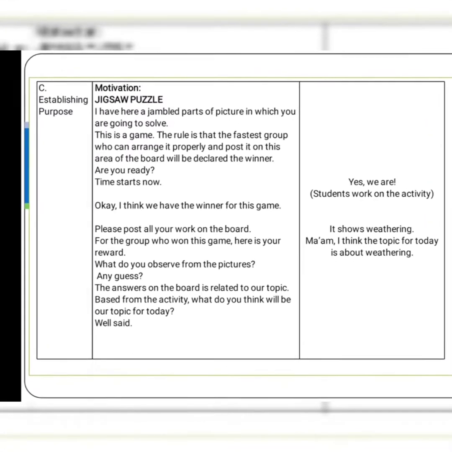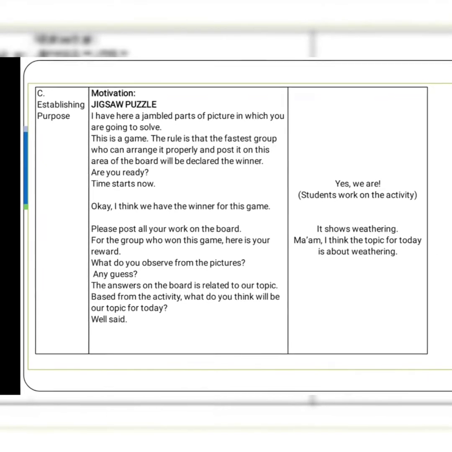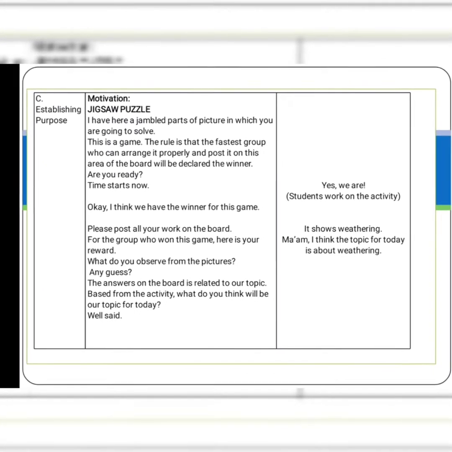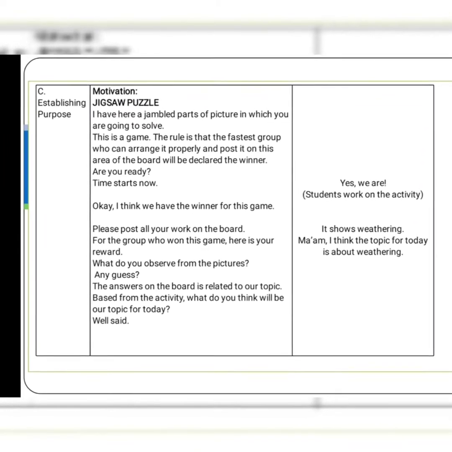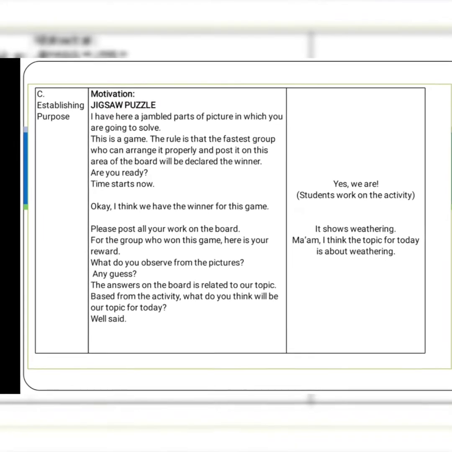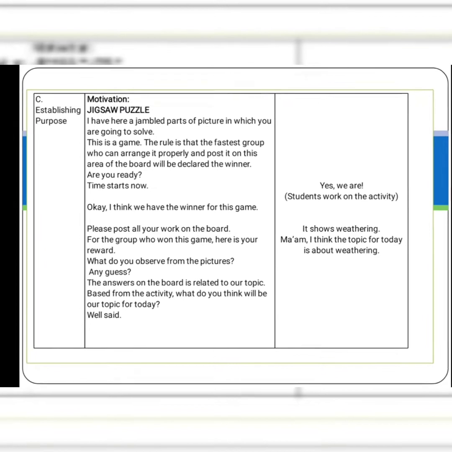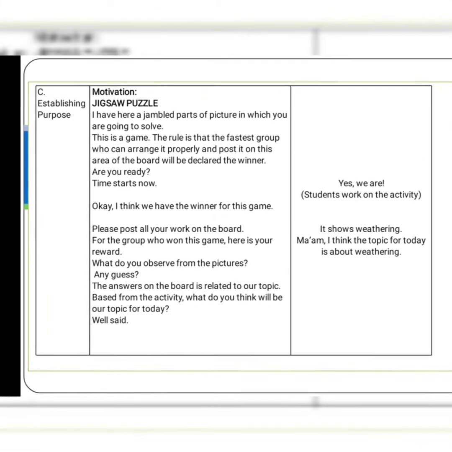So of course, the jigsaw puzzle should be related to the topic. So you can think of other motivation to get their attention. You can use pick one word or video. So it should be at most 5 minutes.